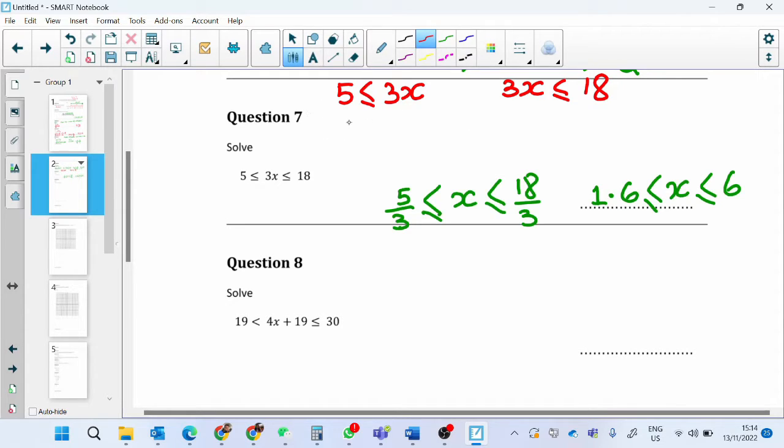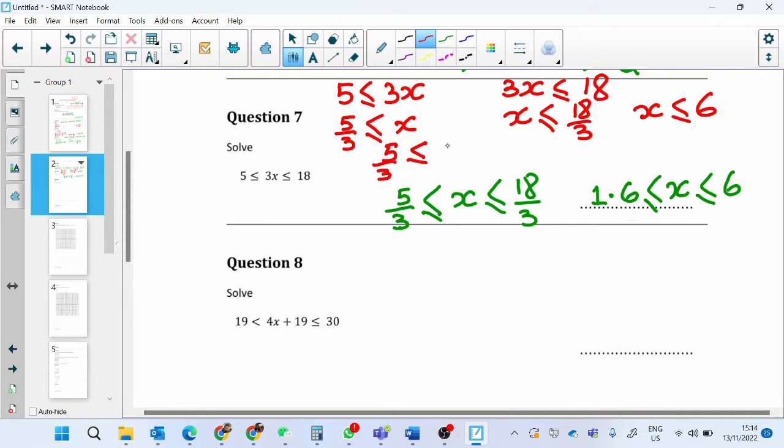So you just simply move this here. 5 over 3 is smaller than or equal to x, and x is smaller than or equal to 18 over 3, or x is smaller than or equal to 6, and then you can just combine at the end. 5 over 3 is smaller than or equal to x, and x is smaller than or equal to 6, like this. So first solve them separately. This is helpful when you have a very complicated inequality to solve.